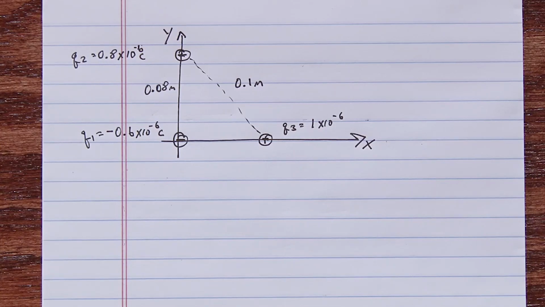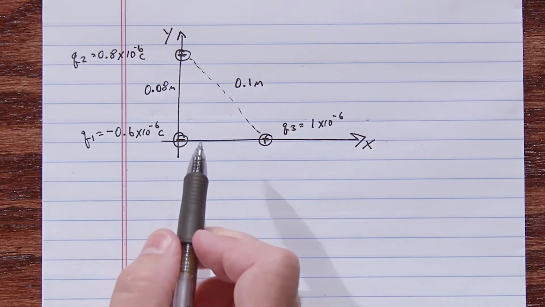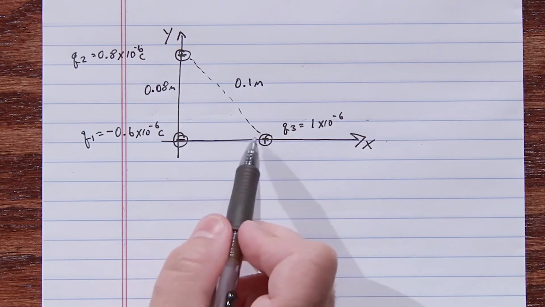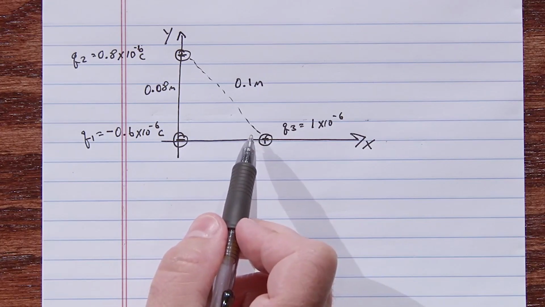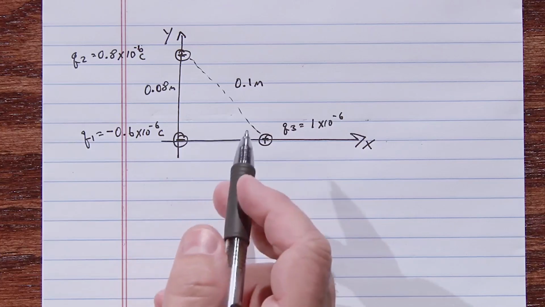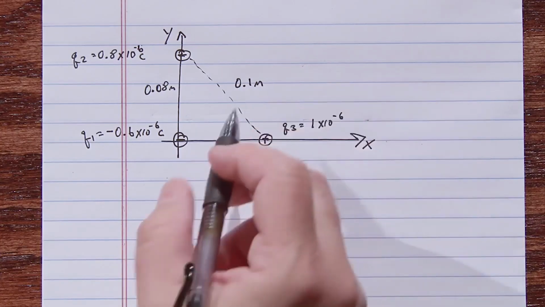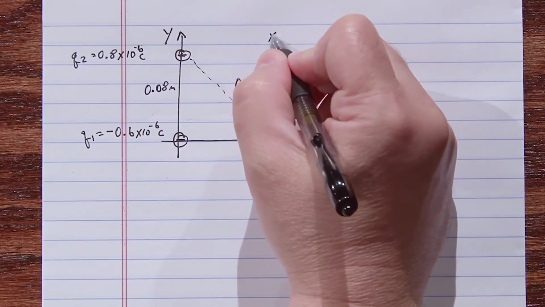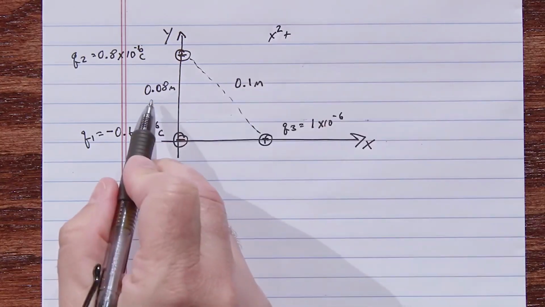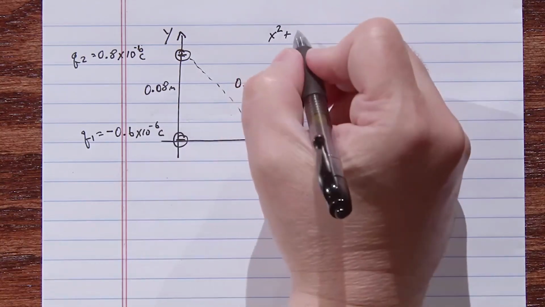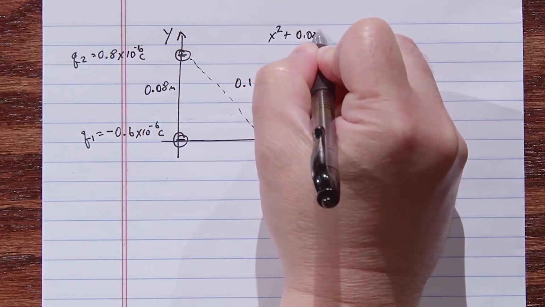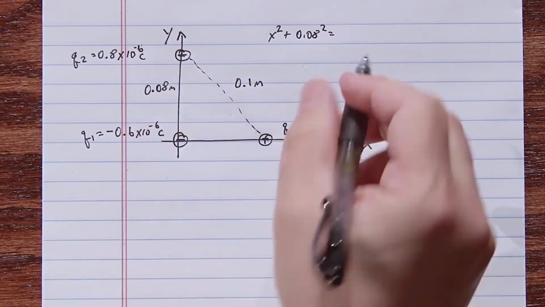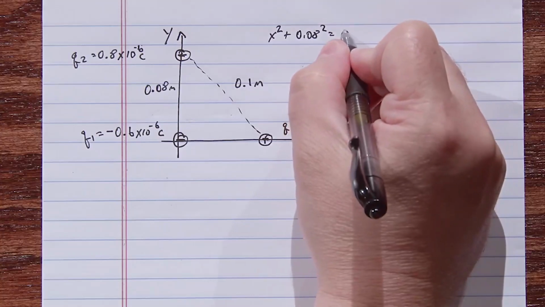Okay, well, let's go ahead and figure out this distance here, because we will ultimately need to know that. If we call that distance x, then we know that x squared plus 0.08 squared is equal to the hypotenuse, 0.1 squared.